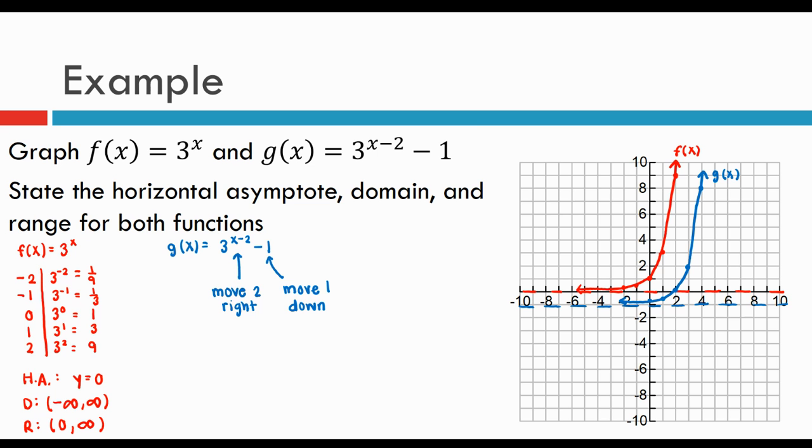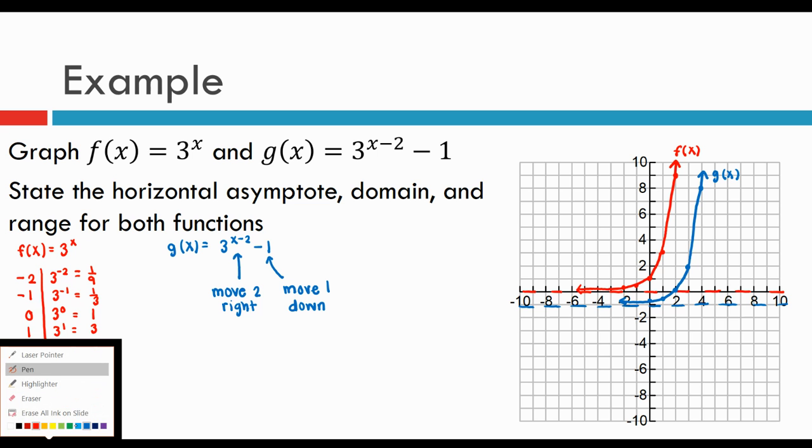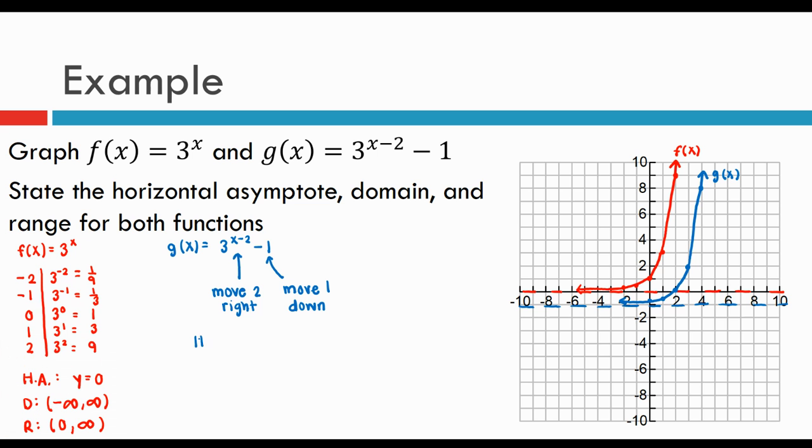Okay, so the shape itself never changed because we didn't have any kind of reflection. It just shifted 2 to the right and 1 down. So going back to identifying all the key pieces, my horizontal asymptote ended up being now y equals -1. So essentially, hopefully we notice that the number that I got for my horizontal asymptote is actually what that vertical shift is.